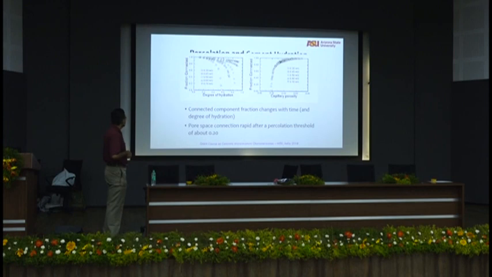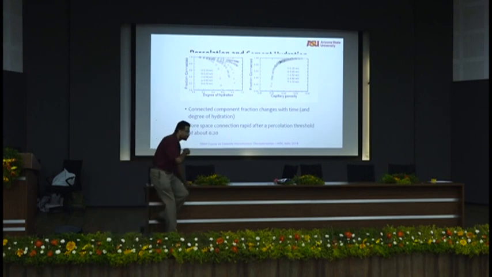If I increase the water cement ratio to 0.45, how much hydration do I need for that? About 0.72. If I increase the water cement ratio further to 0.5, I need a degree of hydration of about 0.85.